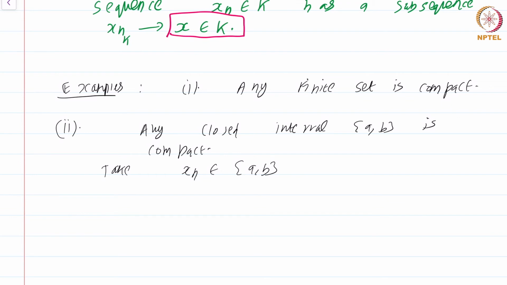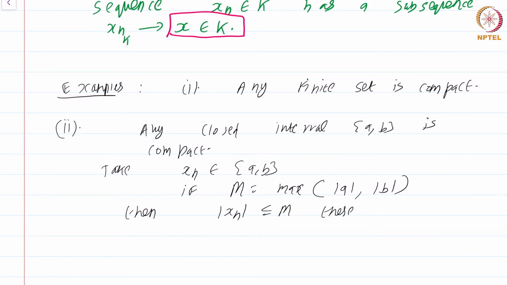I have not yet defined what a bounded set is, but because xn's are all coming from [a, b], we can see that if capital M is maximum of mod a, mod b, then mod xn is less than or equal to capital M. Therefore, xn is a bounded sequence.